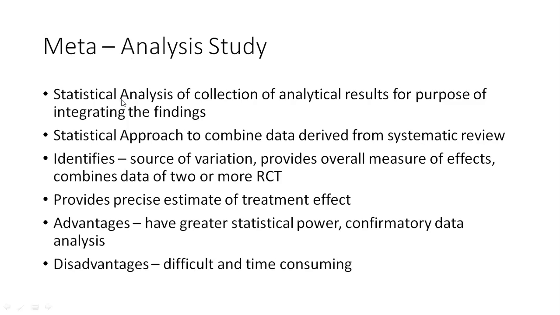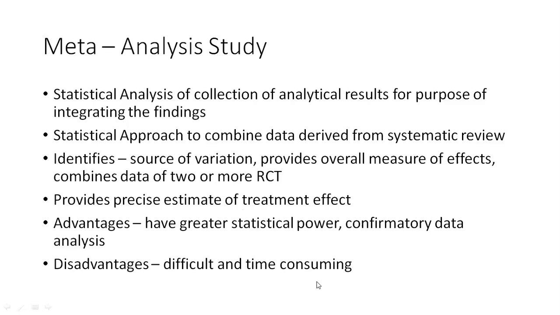So meta-analysis as such is a statistical analysis of a collection of analytical results for the purpose of integrating the findings. So what does this meta-analysis do? It tends to identify the various sources of variation, provides an overall measure of effect, combines data of two or more randomized controlled trials. It tends to provide a precise estimate of treatment effect. The advantages are that this particular meta-analysis has greater statistical power and is a confirmatory data analysis. Disadvantages are that it is difficult and time consuming.